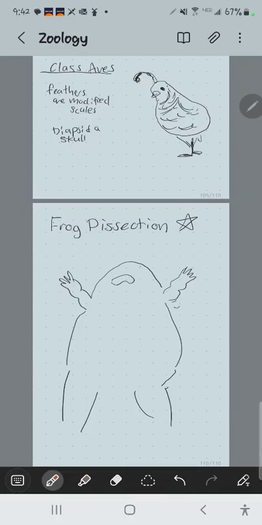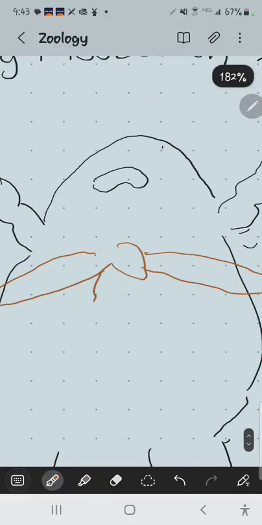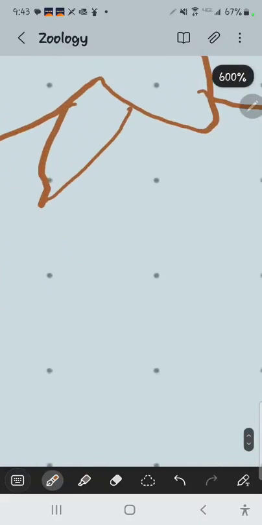So we have our liver. In this case, the liver should have a gallbladder on it. And I know on our sharks, the gallbladder was kind of messed up, so we didn't have it there, but the gallbladder should be present on these. And that is part of the liver.